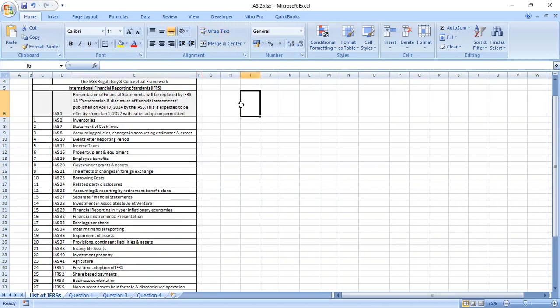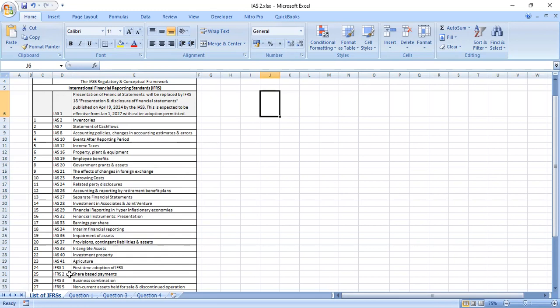Later on, I'm going to give you an overview of what IFRS 18 is all about and what is expected. Companies that are known to be quickly compliant can adopt these standards as early as possible, even before January 1st, 2027, which is the date at which all companies are expected to comply with the standard.